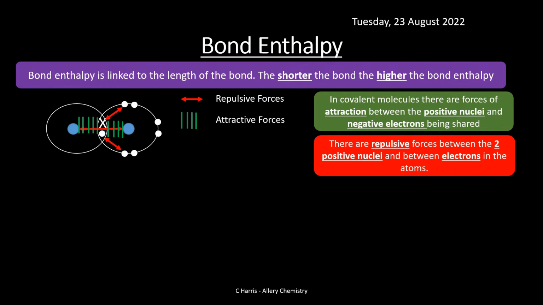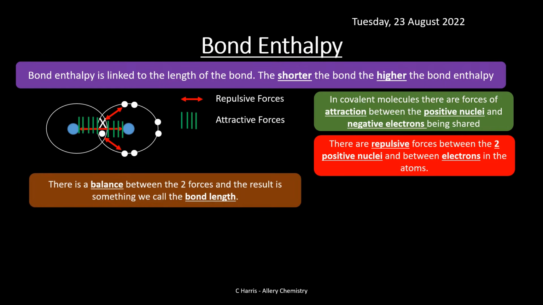So you've got these two forces at play. Some help to pull the atoms together, but not too close, because there are constituents in the atom that also repel, that push it away. There's a balance between the two forces, and as a result, we get a bond length, a distance in the bond.